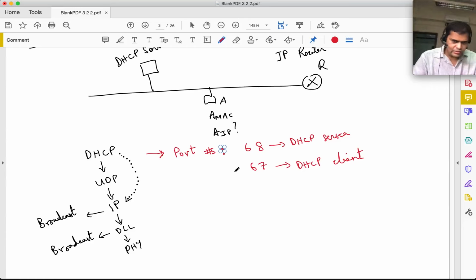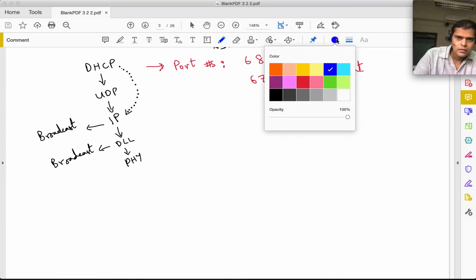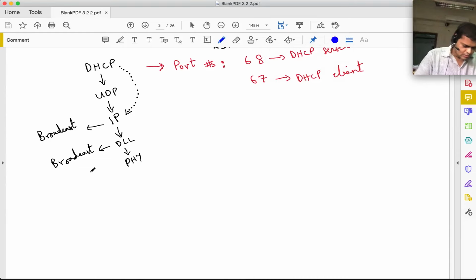Okay, so we are ready. Let's just see what A sends out. A sends out a frame, let's say a DHCP discover packet.